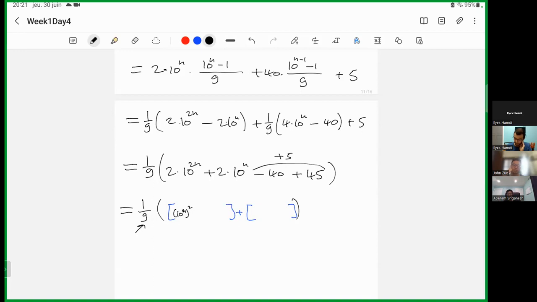So maybe this should be part of my square. And then how can I finish? That's a good question. Construct a quadratic. Yeah, this is what I'm trying to do. Construct a quadratic, exactly. It's exactly what I'm trying to do, yeah.